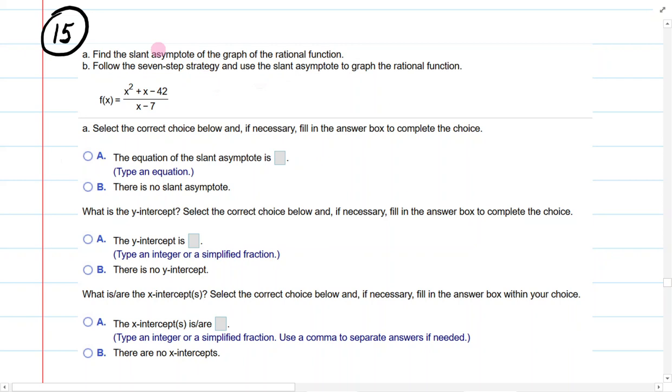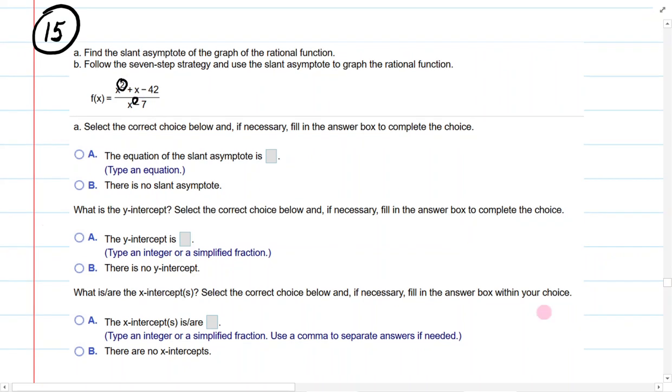If I were doing this problem outside of my math lab, I would have started with vertical asymptotes, determined there was not a horizontal, and the third thing I would have done was slant. But instead, they say find it first. That's fine. The little n is 2, little d is 1. That does mean there's a slant.